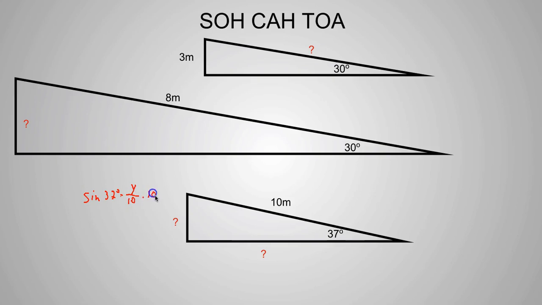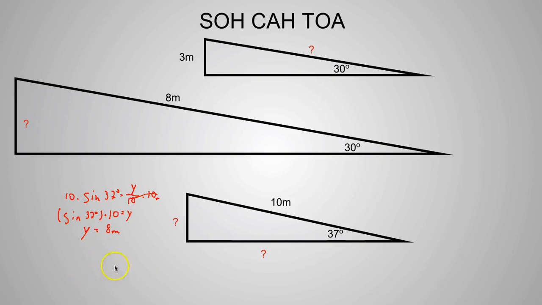So you multiply by 10 meters, canceling that out. What I have is the sine of 37 degrees times 10 gives me my y. The y here would be 7.98, so we're just going to round up for simplicity for right now, and say 8 meters.